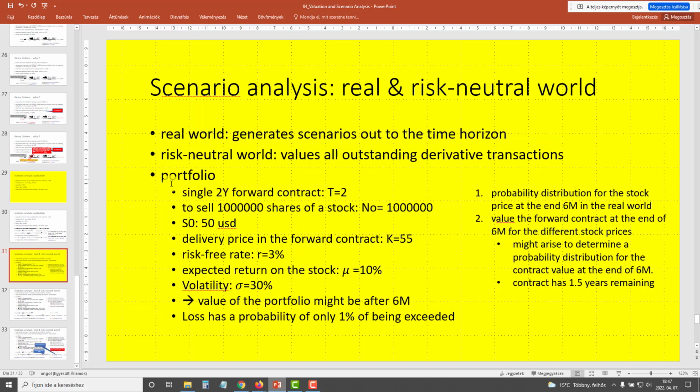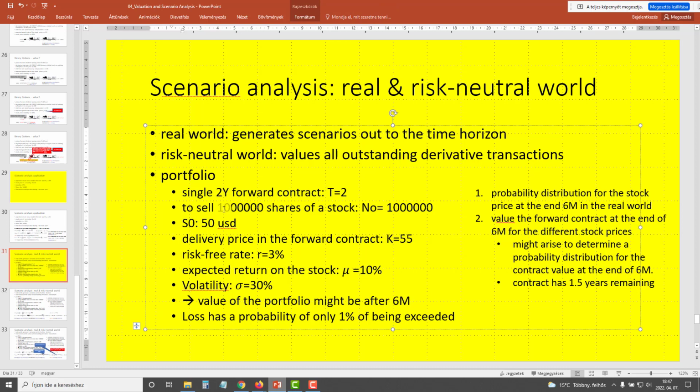So we have a portfolio which is funny because it has only a single 2-year forward contract. So T will be 2, and the portfolio means that actually we can sell a huge amount of shares, so 1 million shares on the stock.